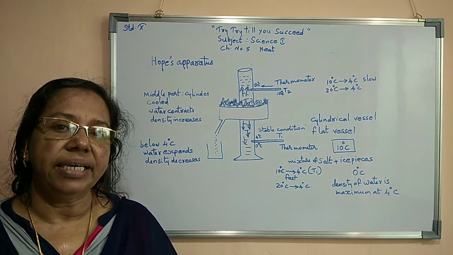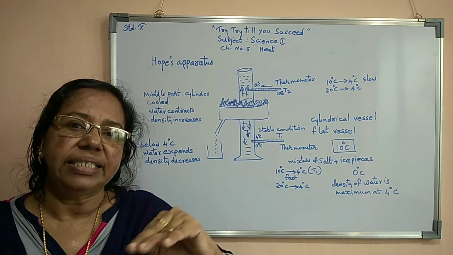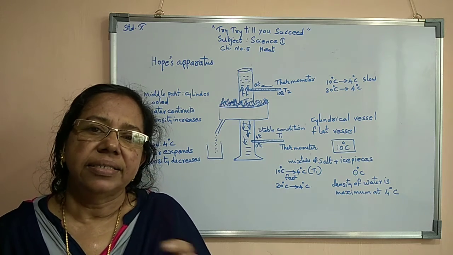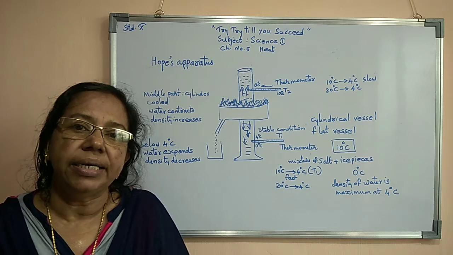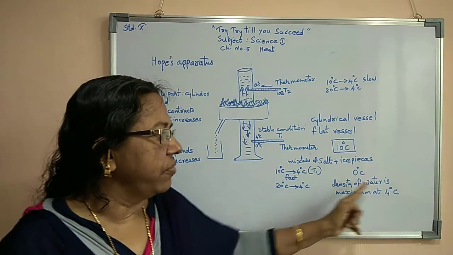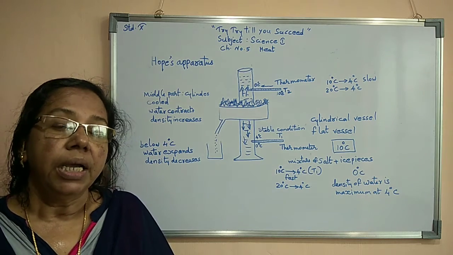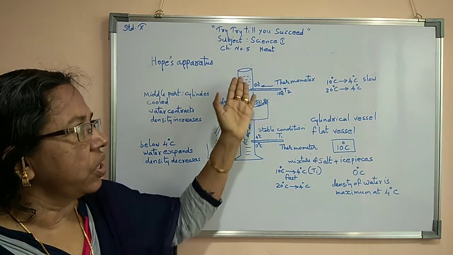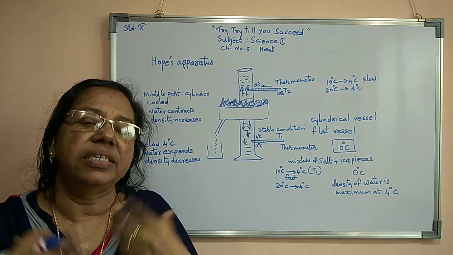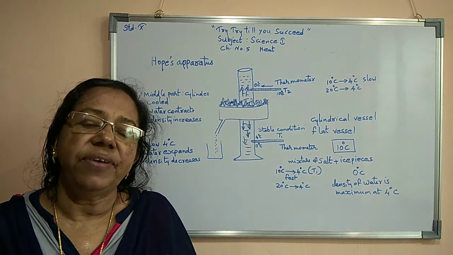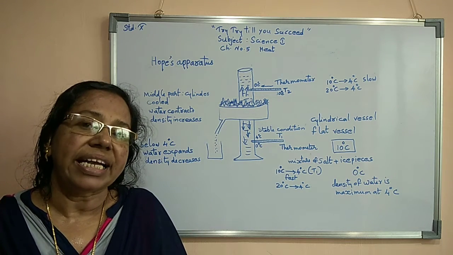From this experiment we can understand that for water at 4 degrees Celsius, its density is very high. So the density of water is maximum at 4 degrees Celsius. Once it reaches 0 degrees Celsius, water turns to ice and expands.